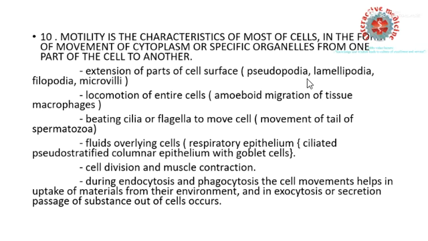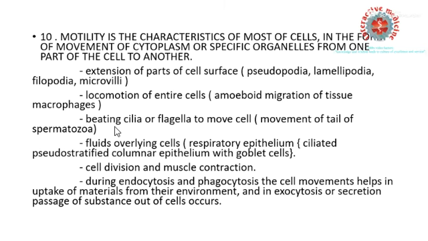The pseudopodia, lamellipodia, filopodia, microvilli are the structural extension of parts of cell surface. The example for locomotion of entire cells is amoeboid migration of tissue macrophages. The example for beating cilia or flagella is movement of tail of spermatozoa.